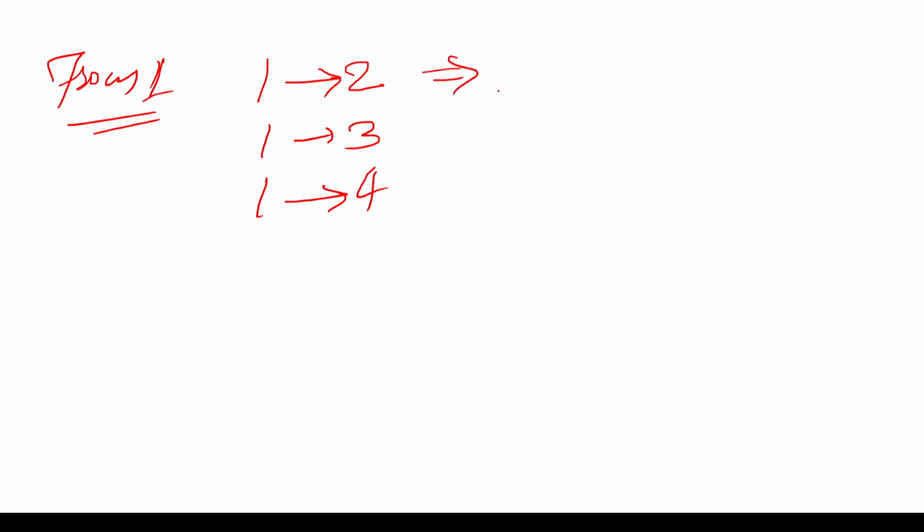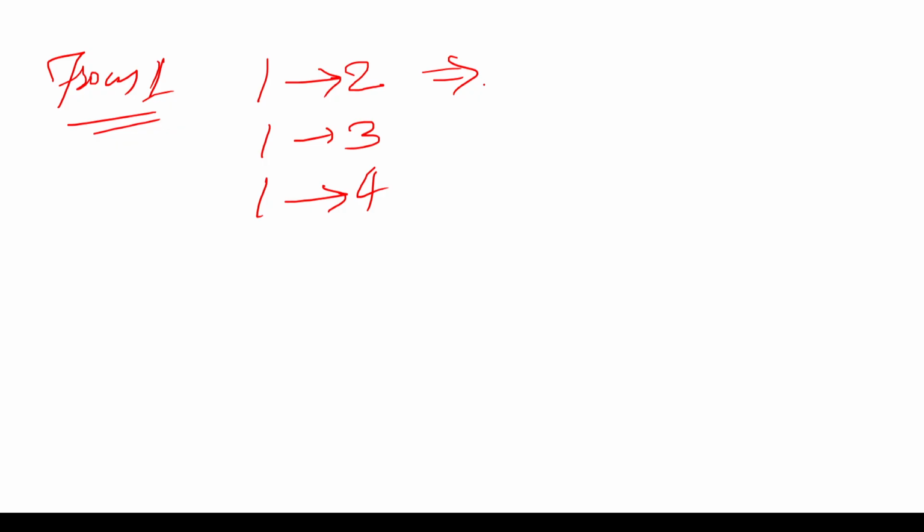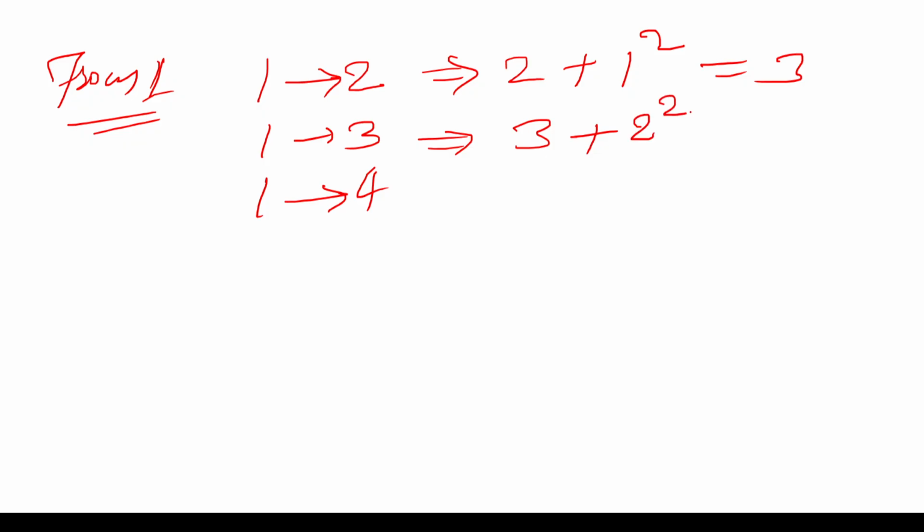If you calculate, at step 2 we get the value 2, so 2 plus 1 to the power 2, because 2 minus 1 is nothing but 1. This will give you 3. Similarly from 1 to 3, the current value is 3 plus 3 minus 1 is 2, it will become 2, and this is 7.